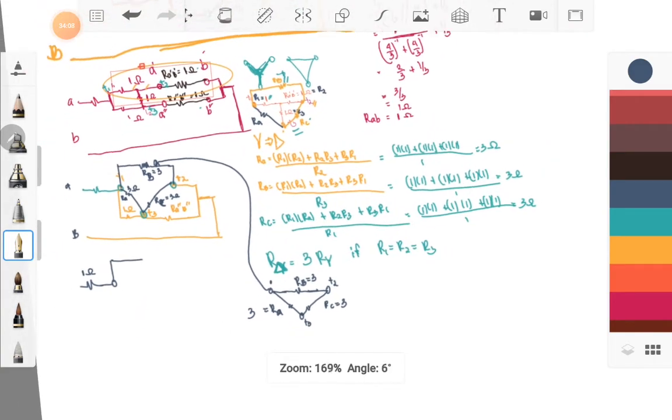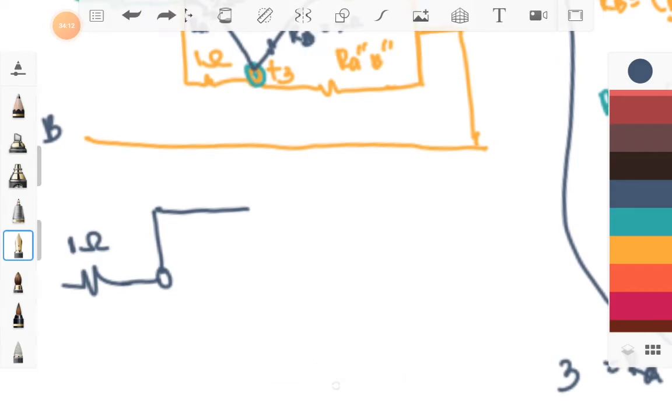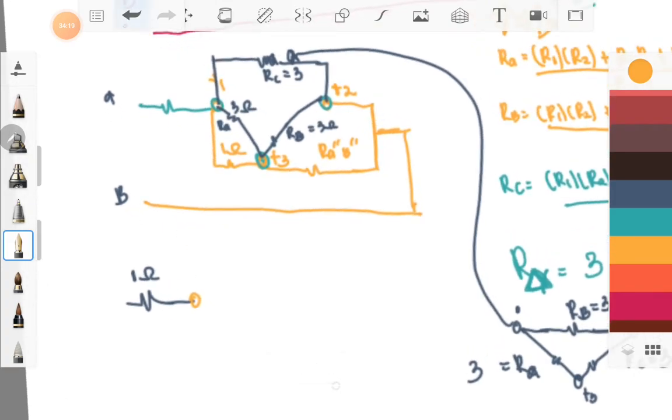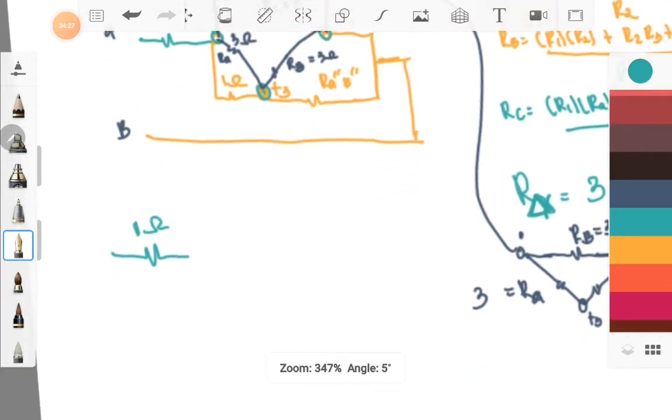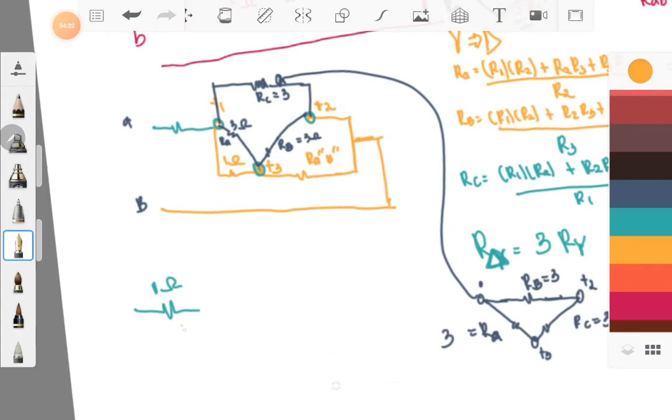Let me change the color so you can see, then I'll return it. Blue is still this 1 ohm, and yellow is for this 1 ohm. Take note this node can be extended into this one.